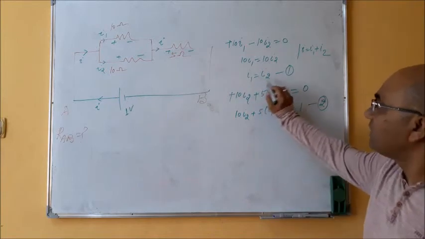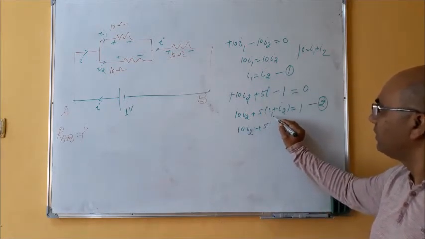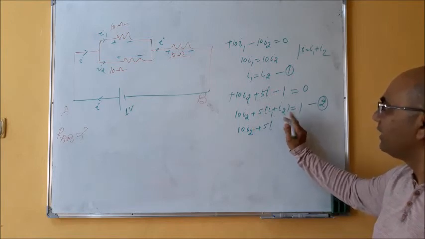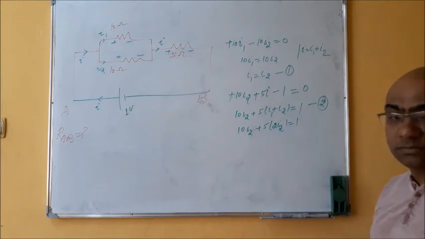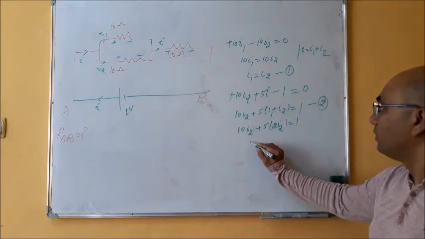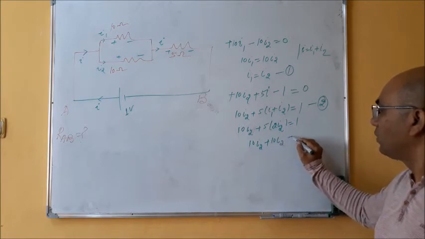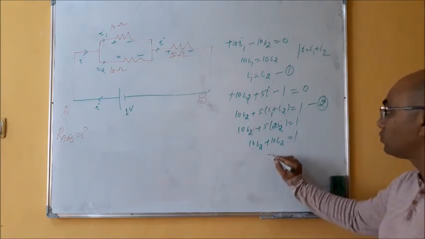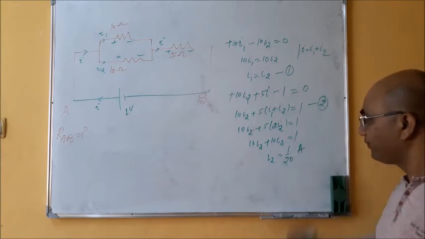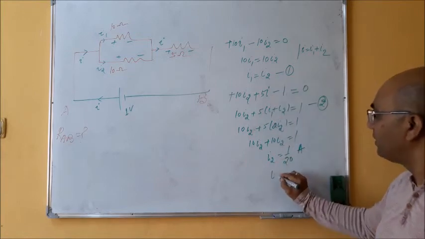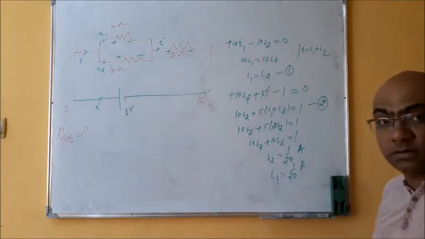Now, since I1 equals I2, 10I2 plus 5 times (I1 plus I2), both being equal, so 2I2, equals 1. So 10I2 plus 10I2 equals 1, so I2 will be 1 upon 20. Similarly, I1 will be 1 upon 20.